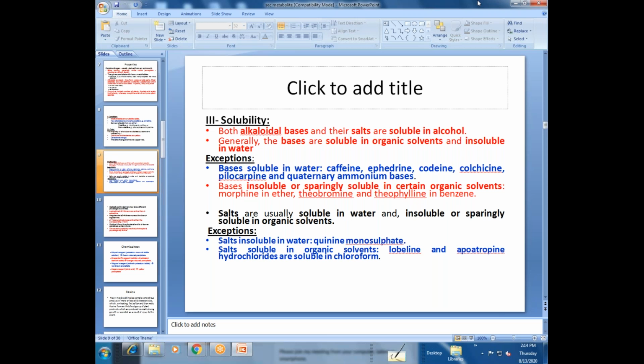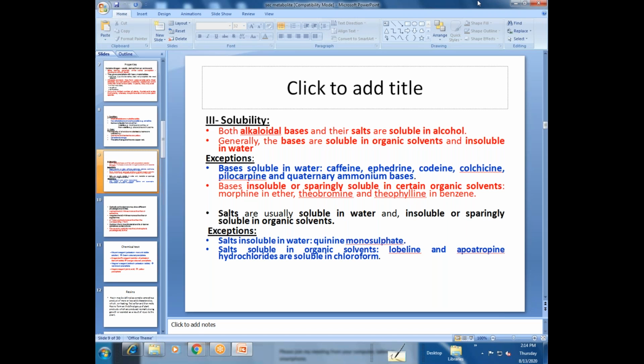This is also soluble in... Ma'am, alkaloid bases are usually soluble in alcohol but insoluble in water, ma'am. Which one, bases? And salts, what?